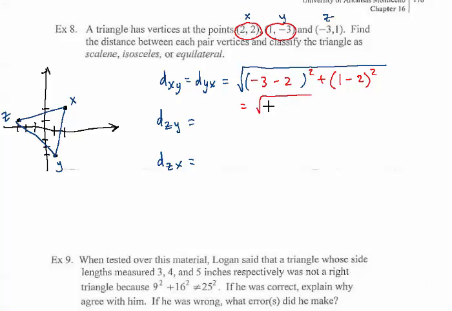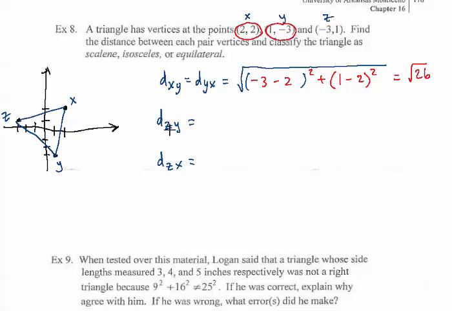We end up with the square root of, let's see, 5 squared plus 1 squared, which is the square root of 26. Okay, so off to the side, we'll keep up with that square root of 26. I need to make some room here.